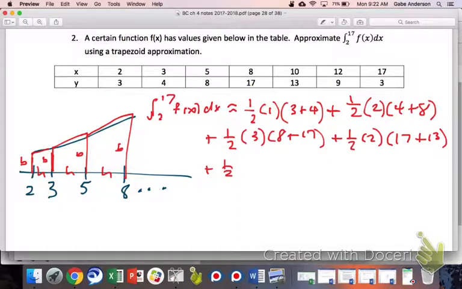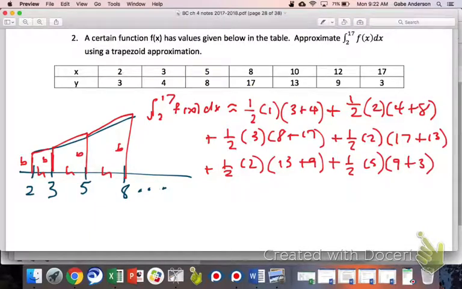Hopefully you're seeing all the good repetition here. 1/2 times 2, 13 plus 9. That's going to be 1/2 times 5, 9 plus 3. Good? So do you see how every single y value gets used twice, except for the first and the last? Should be that way.